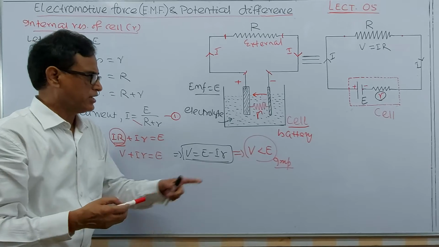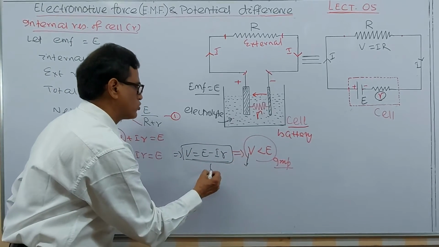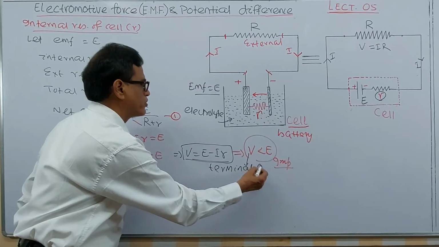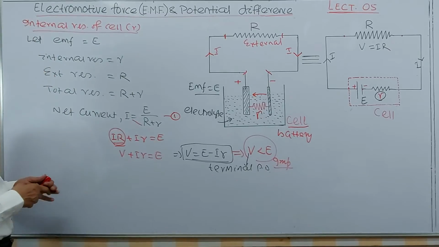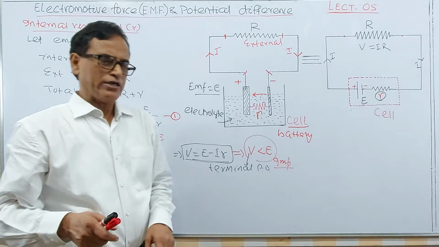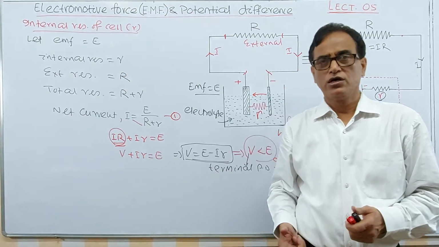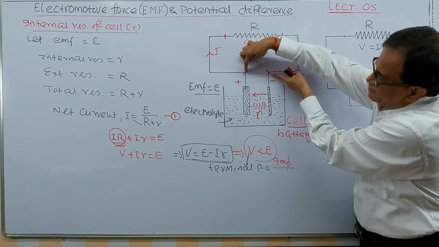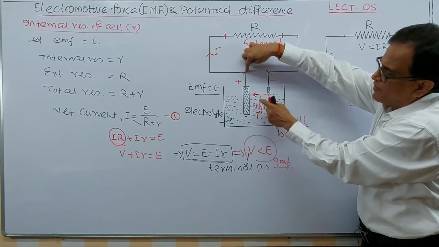This is a very important fact you should remember. This potential difference is called the terminal PD, the terminal potential difference of the cell. Can you answer a question? You will be asked a question: under what condition is the terminal potential difference of the cell equal to the EMF applied?